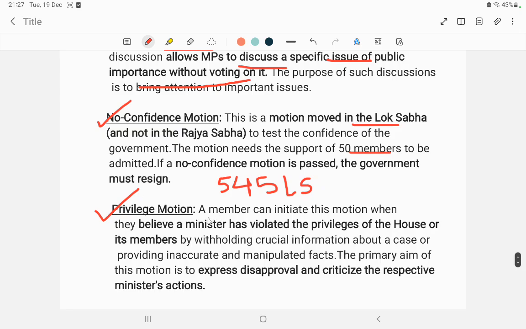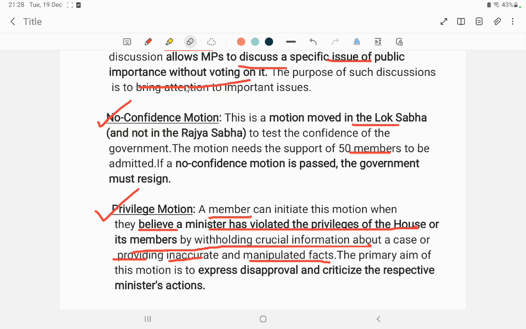Next, privilege motion. A member can initiate this motion when they believe that the minister has violated the privilege of the House or members by withholding crucial information of the case or providing inaccurate and manipulated facts. For example, during COVID-19, the database showed that more than 20 lakh people died, but the minister said that only 10 lakh died.